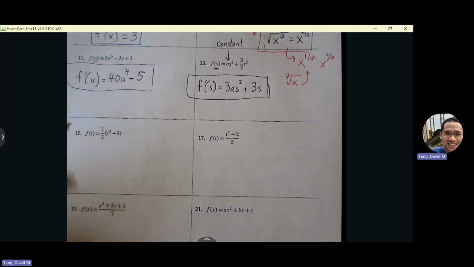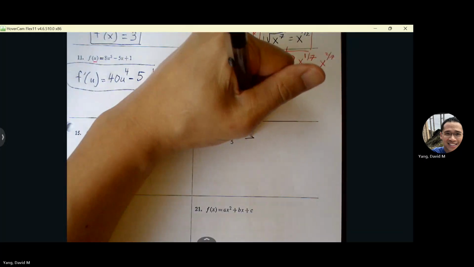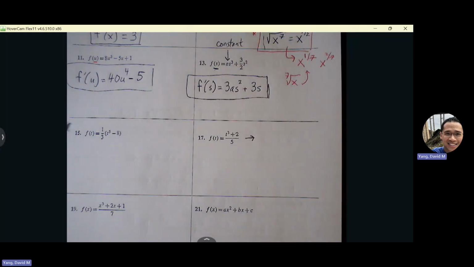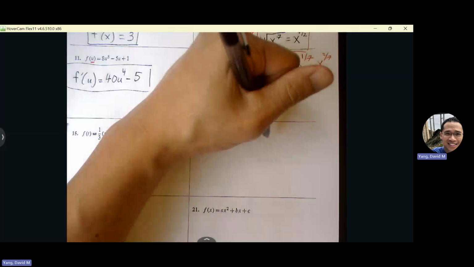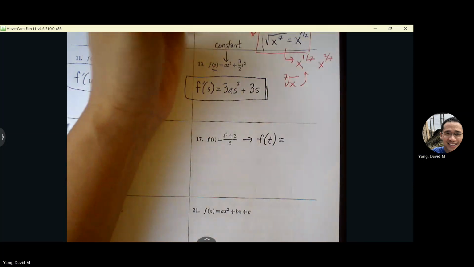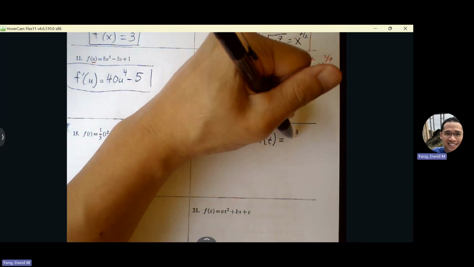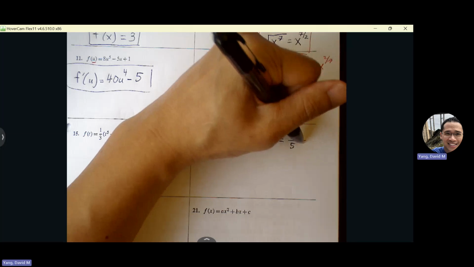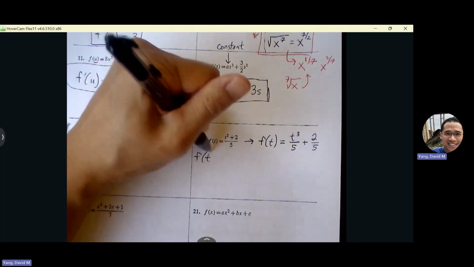Let me just try one more here with you. 17. t cubed plus 2/5. It feels intimidating with that 5 below, but what can we do so that it doesn't feel like one fraction? Yep, make it t cubed over 5 plus 2/5. And then before we even do power rule, I think this is helpful.